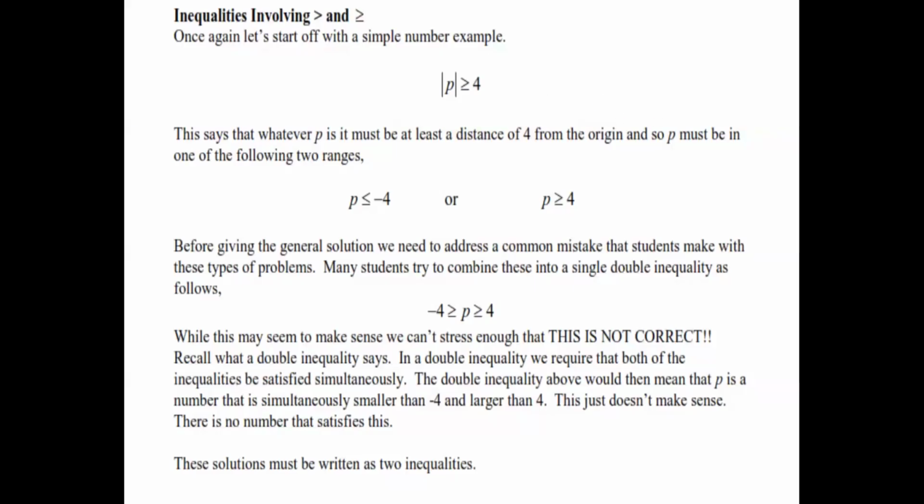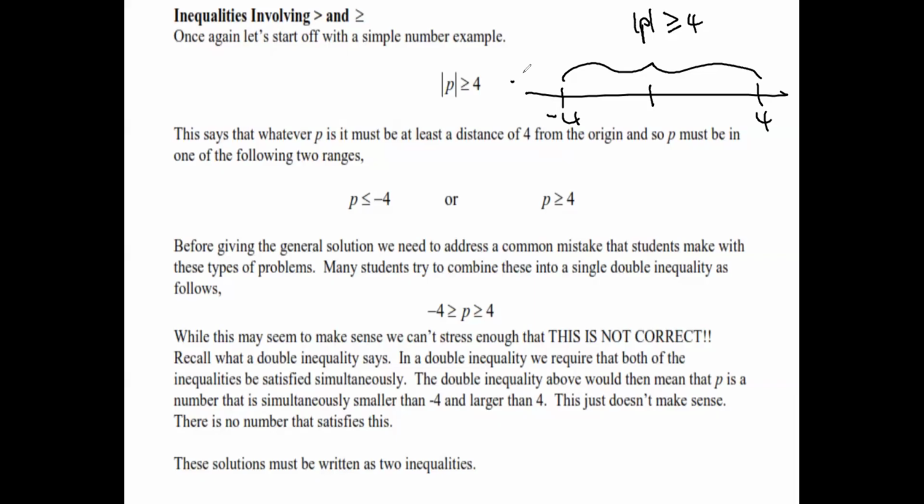And again, let me use the number line to illustrate that. Let me go with minus 4 here and 4 here, and the modulus of p is greater than or equal to 4. So p can't be between here, because for no number between here is the modulus greater than 4.